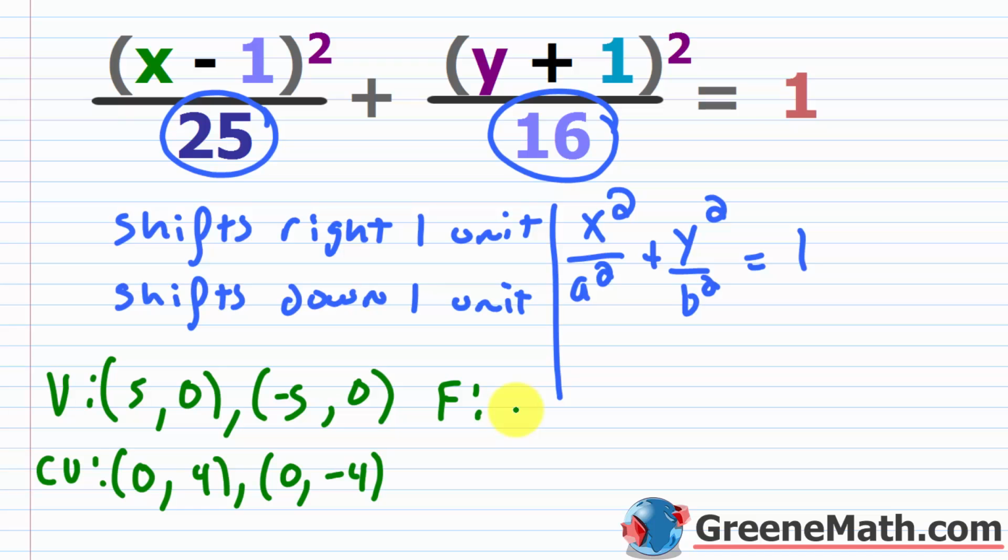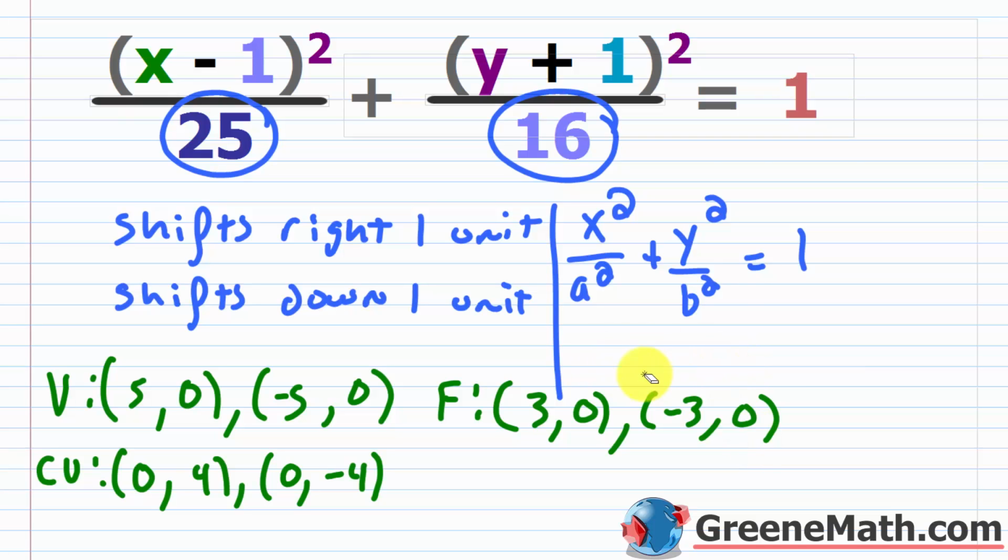Well, we think about the fact that a squared minus b squared gives us c squared. So c squared equals 25 minus 16, which is 9. So for practical purposes, we know c is a distance, so technically c is 3, but we need negative 3 and positive 3, so just say that it's plus or minus the square root of 9. So we'll say that we need 3 comma 0 and negative 3 comma 0.